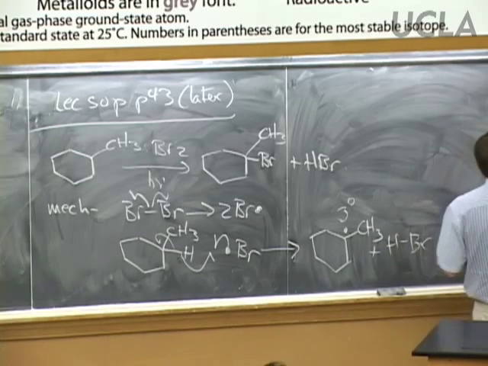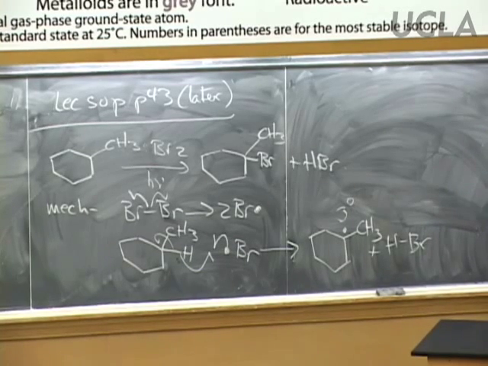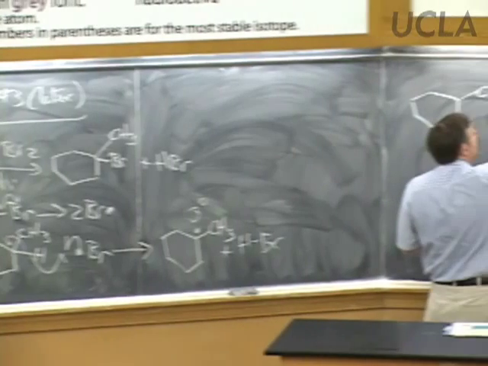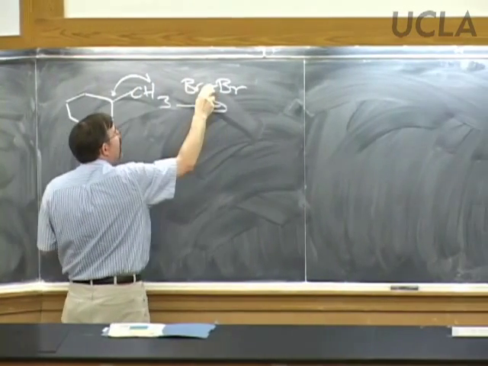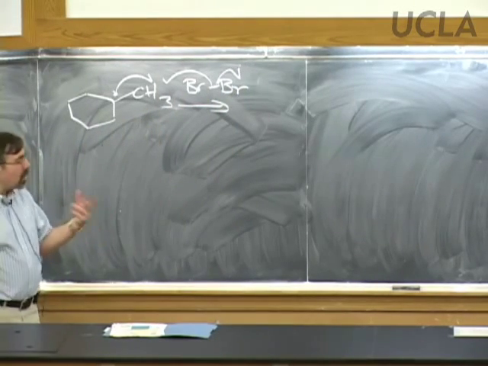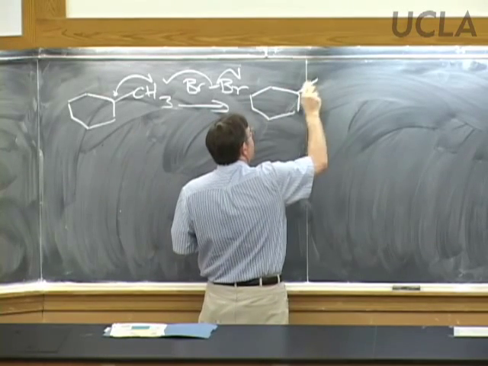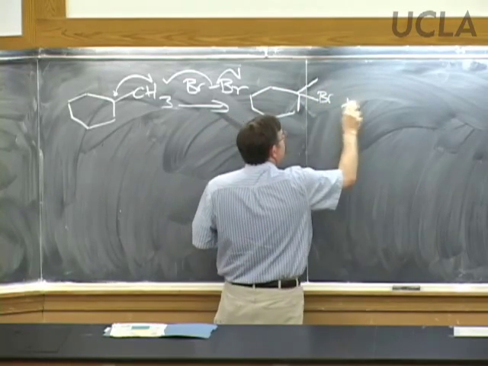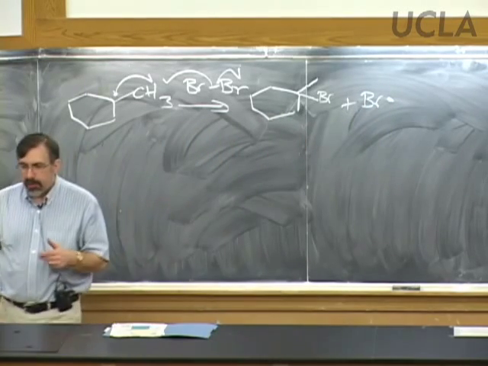Now we were in a position to finish up, and so we said that the mechanism finishes up by an atom transfer, or an atom theft, whatever you'd like to call it, where this carbon radical takes a bromine from Br2, and that's going to make our product as well as another bromine radical.